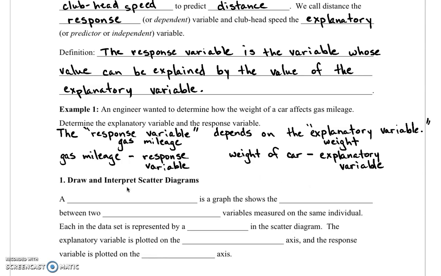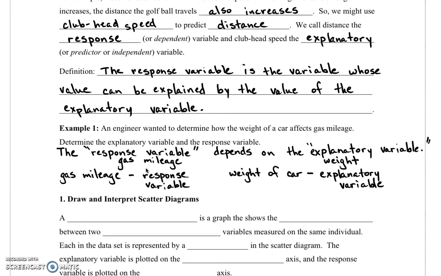This is important because when we go to make our scatter diagrams, we always put the explanatory variable on the x-axis and the response variable on the y-axis. And we'll talk about that more in just a minute.